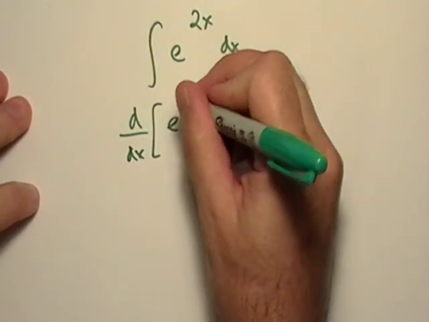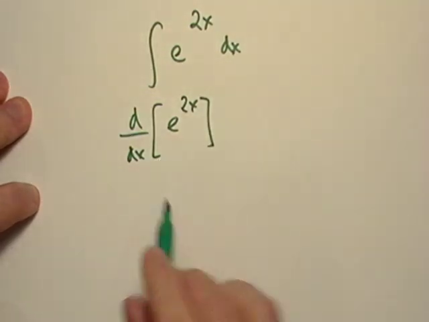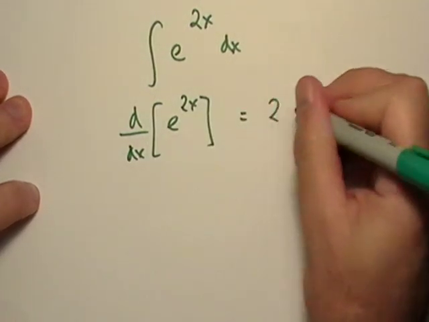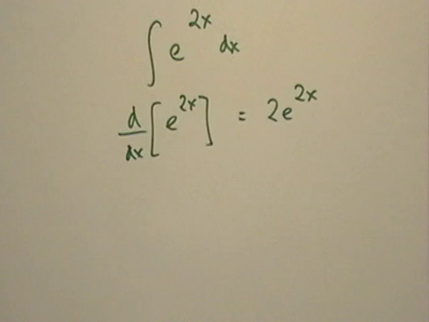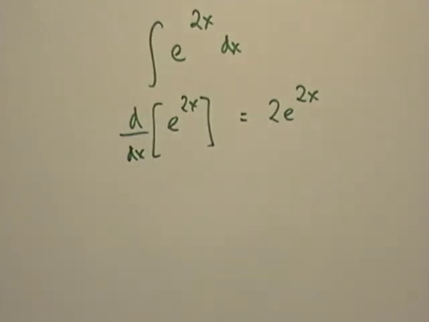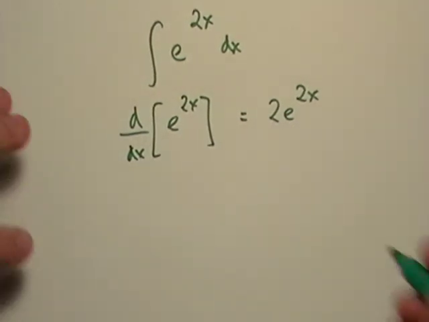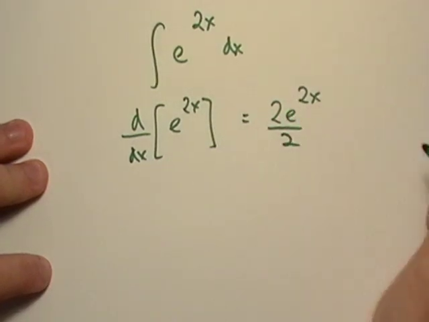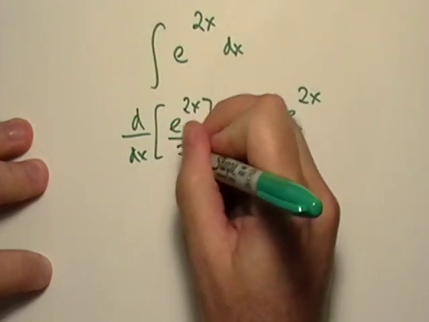But what if I took the derivative of e to the 2x? I get 2 e to the 2x, using the chain rule and everything. But I need that 2 in the denominator, so I can go ahead and throw that in there.